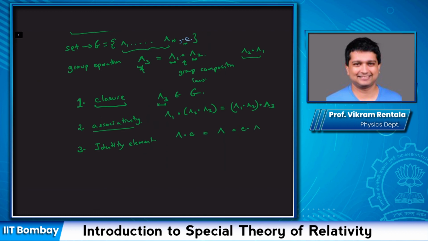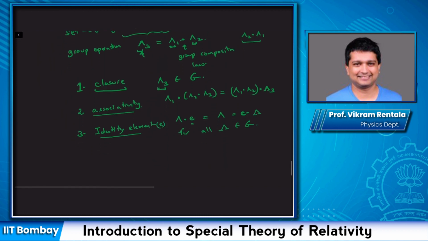And it doesn't matter in which order we compose them, this would be the same as E dot lambda as well. So such an element E, which satisfies this relationship for all lambda belonging to G, is called the identity element. This identity element E.